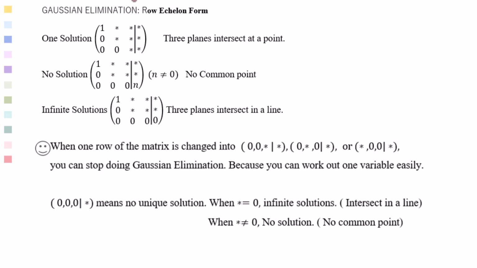When one row of the matrix is changed into one of these three forms, stop doing Gaussian elimination, because you can work out one variable easily. For this pattern, you can work out z easily, because you have 0x plus 0y.